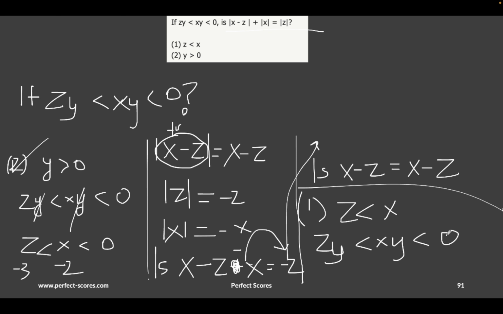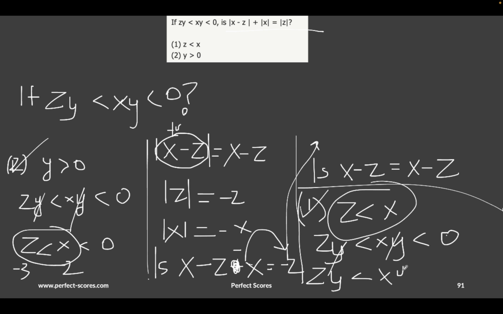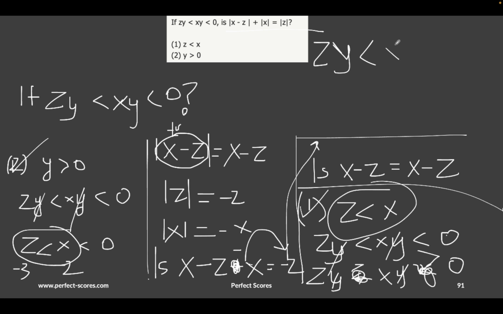If y is negative, then this particular inequality does not hold true, because if y is a negative number and you cancel it out, the inequality is going to flip the other way. Let me explain that again. You've got zy less than xy less than 0. If y is a positive number, you can cancel it out and z will be less than x.